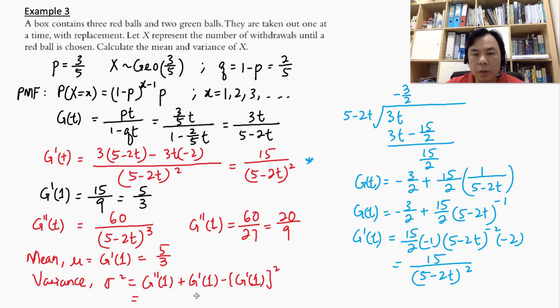That would yield 20 over 9 plus 5 over 3 minus 5 over 3 to the power 3. Sorry, to the power 2. Let me correct that. That's 5 over 3 to the power 2.